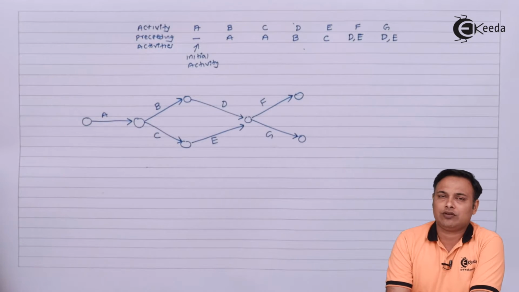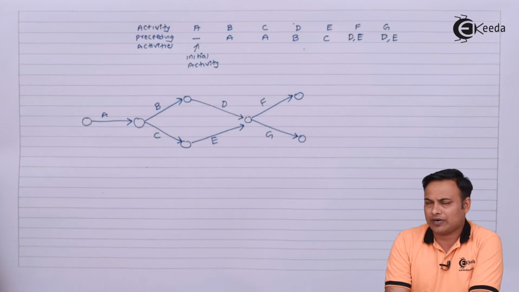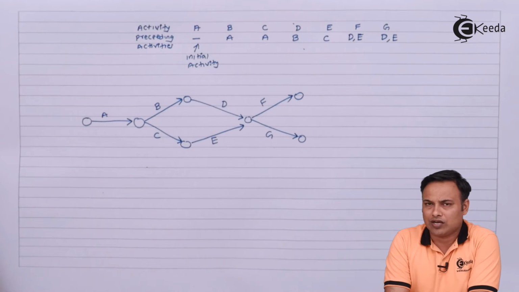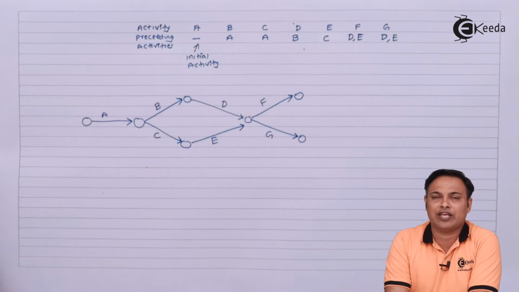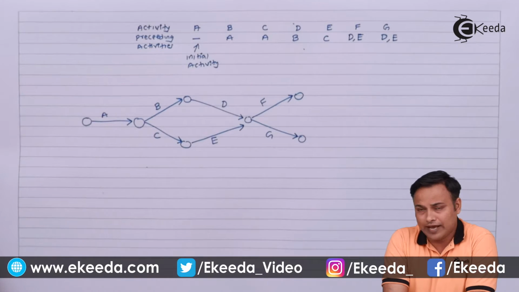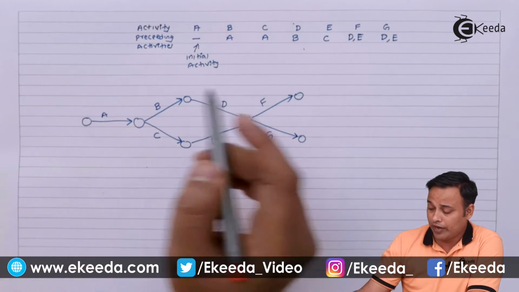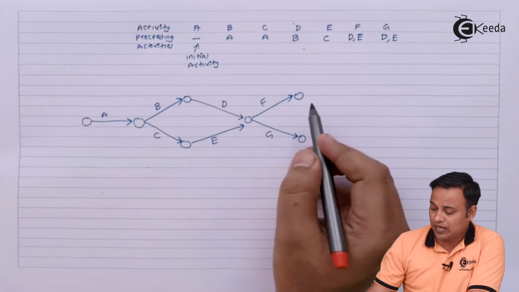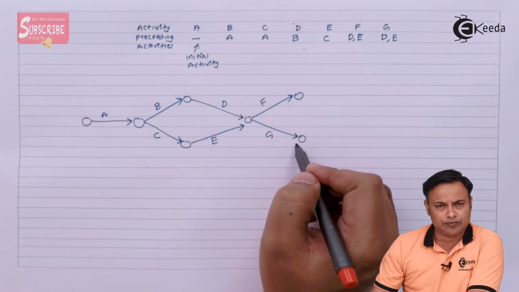Now this is something that is not allowed in networking. In a network diagram the start will be one and the end will also be only one, you cannot have two ends. So that's the biggest fault in the solution or the diagram, that I have two end points which is not allowed, and both these are hanging without any support.